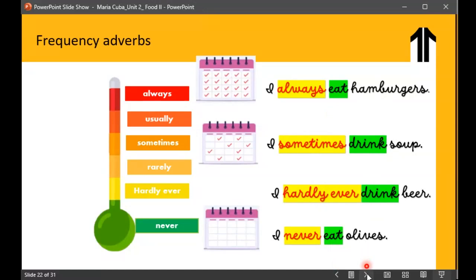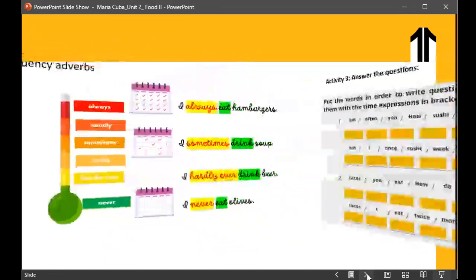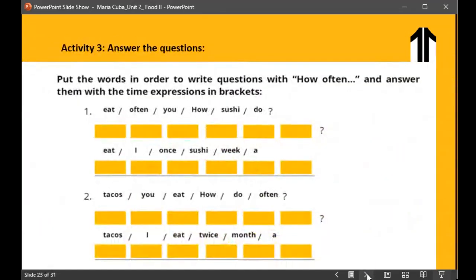Any questions so far? Okay. Now please, I want you to help me saying the words here. You can also raise your hand so you can activate your microphone to read the expression. What do you think is the correct order for number 1?